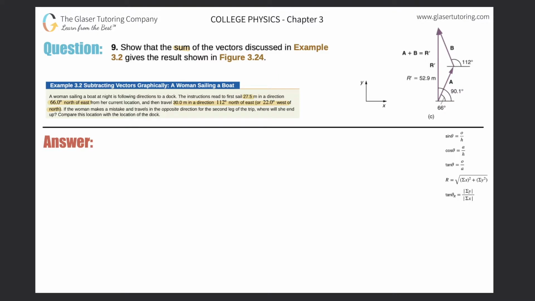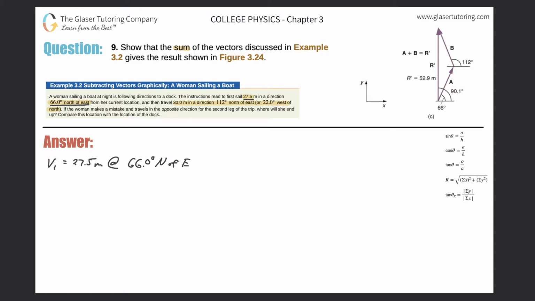Okay. So let's outline the two vectors here. The first vector is the 27.5 meters at 66 degrees north of east. So that's V1. I'm going to write that as 27.5 meters at 66.0 degrees north of east.